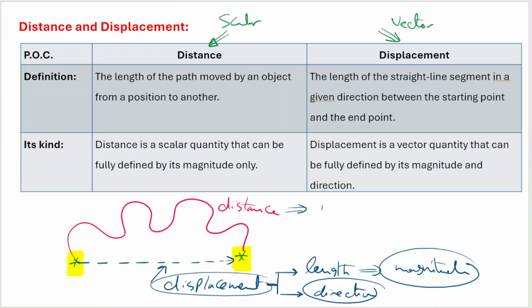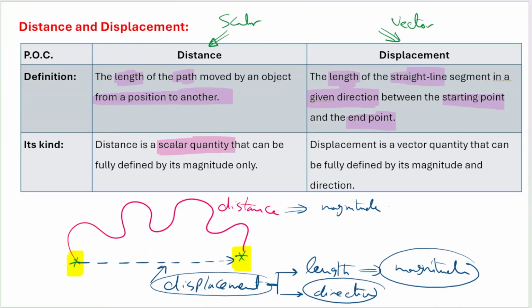But here we need only the magnitude. We need just to know the total distance that you have covered today. So what's meant by distance? It is the length of the path moved by an object from one position to another. But what's meant by displacement? It is the length of the straight line segment in a given direction between the starting point and the end point.